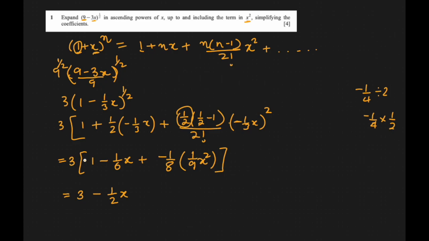And this 3 will cancel out with this 9, so it will be 3 here, so 1 over 8 times 3 minus 1 over 24. If you're not able to understand what I'm doing here, you can use your calculator and do this. I think this is the expansion.